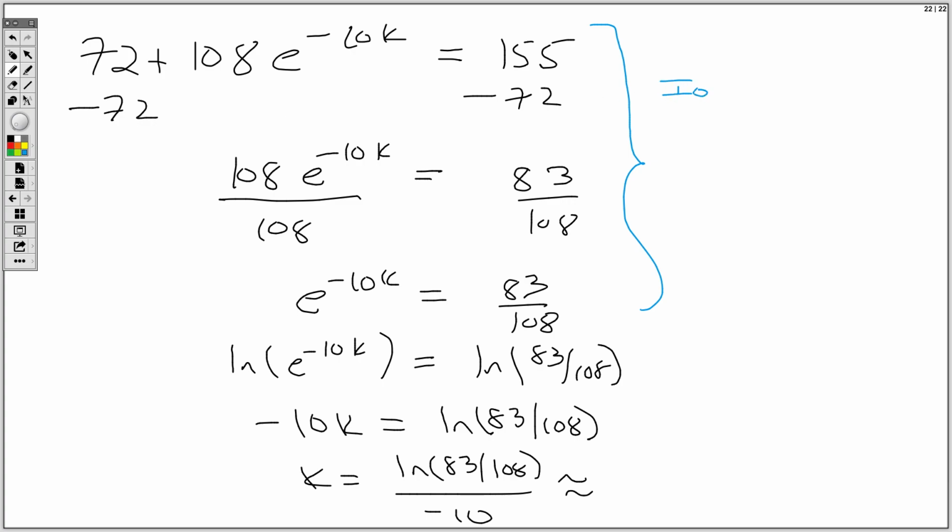Isolate the exponential, and then we take natural logs.